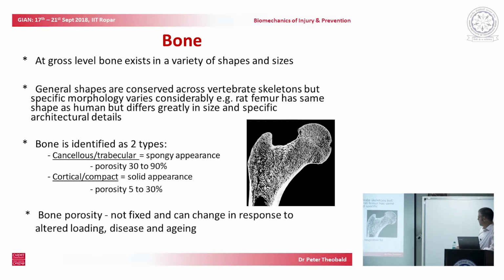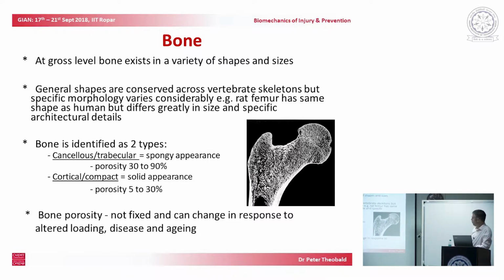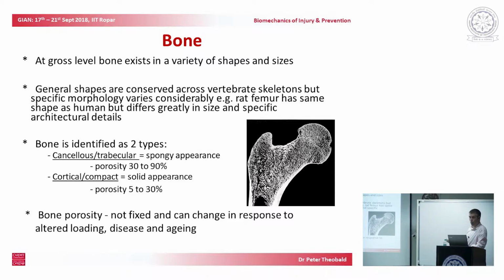Porosity-wise, the outer bone is clearly pretty dense, with a porosity of 5 to 30%, or the inverse of that, a density of about 95%. The density of the inner bone is somewhere between 10 to 70%. The benefit of this is that it ensures our bones are both strong and stable, but also as lightweight as possible.